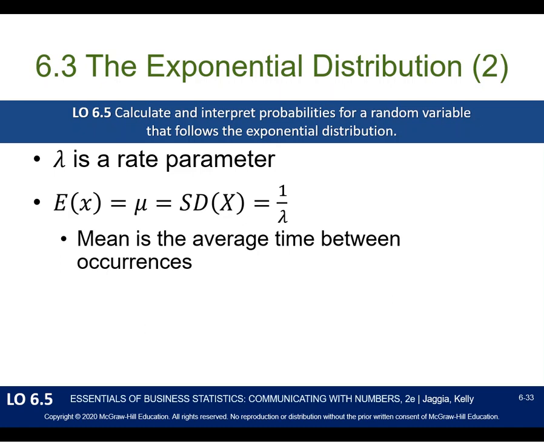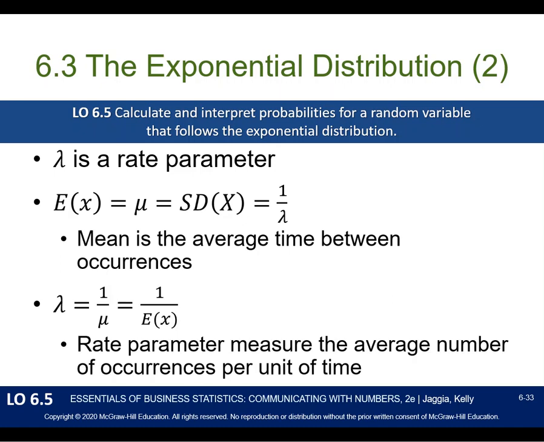So the mean is the average time between occurrences, whereas lambda, we can just rearrange this formula to say that lambda is equal to 1 divided by the mean, or 1 divided by the expected value. This is the rate parameter. It measures the number of occurrences that will occur over a unit of time.